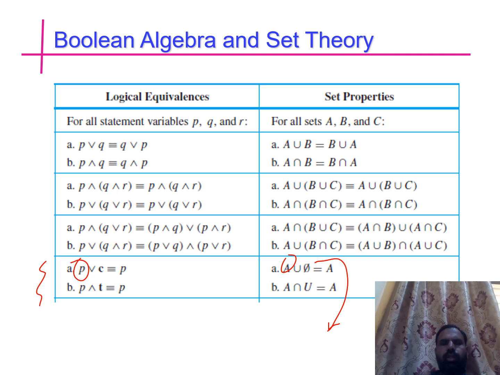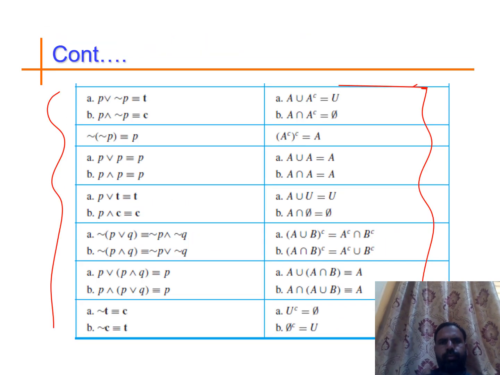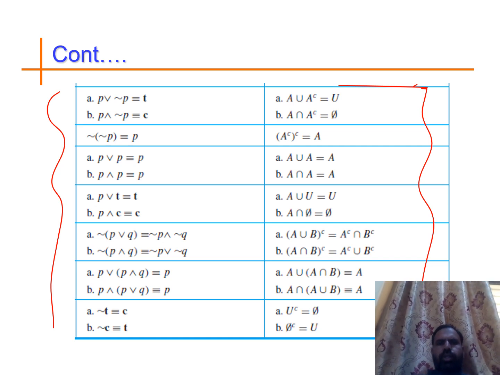And for tautology, P and T is equivalent to P, so A intersection U, the universal set, is equal to A. And P or negation P is equivalent to T, so in sets A union A complement is equal to U. And P and negation P is equivalent to C, so in sets A intersection A complement is equal to phi.